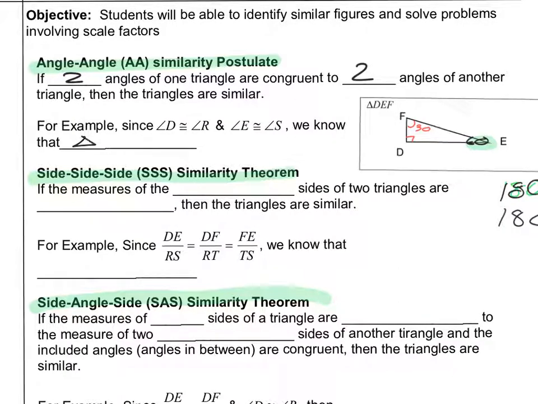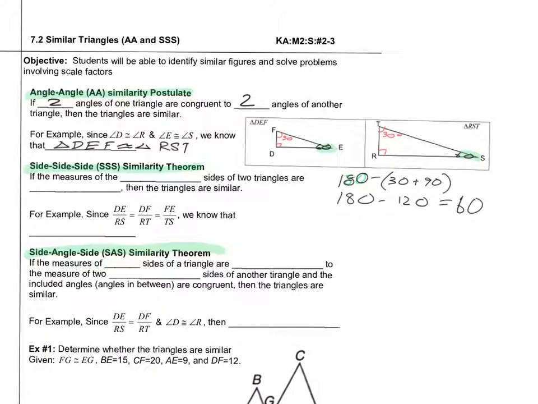And so we could say the triangle DEF is similar to triangle RST. And I want to point something else out. Notice the order in which I write DEF and RST. I started off by going DEF, I went around that way.